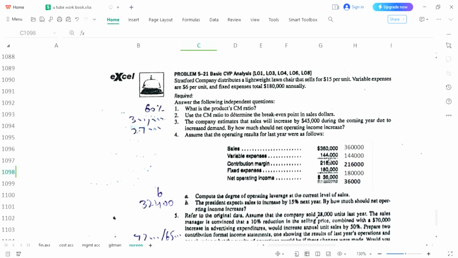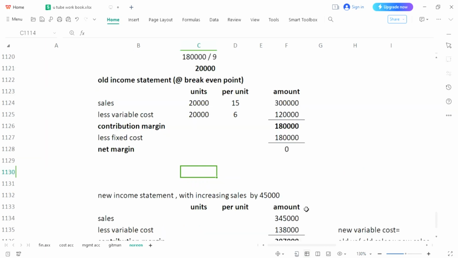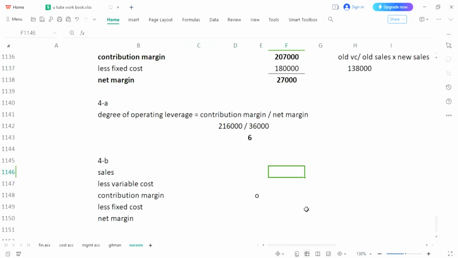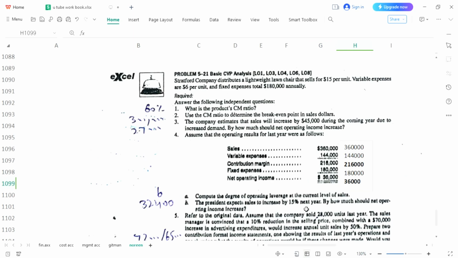No units are provided over here. Sales were 3,60,000, and we are asked to increase the sales by 15%. We'll have to calculate it. How? To calculate new sales, you must have old sales and then see how much increment has been made. Old sales were 3,60,000.